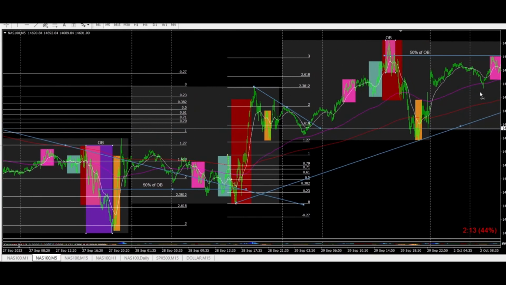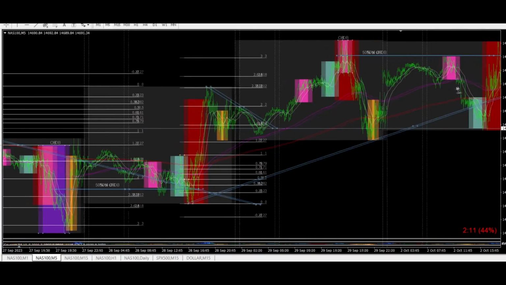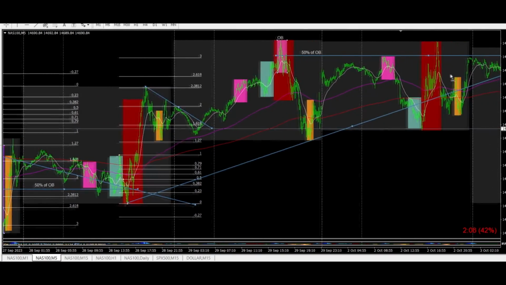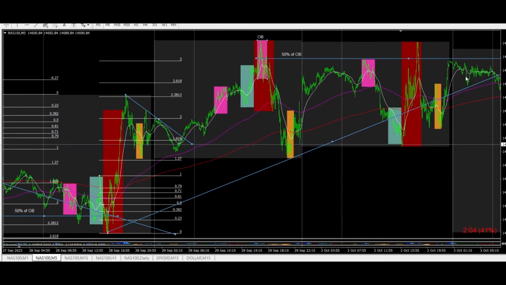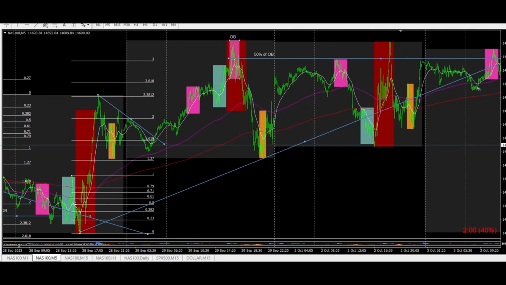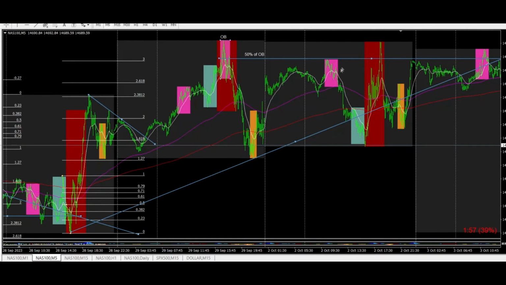As price meanders around, continues on, eventually there's a consolidation. It moves inside around that trend line, and it touches our 50%, and you could have taken a trade here.